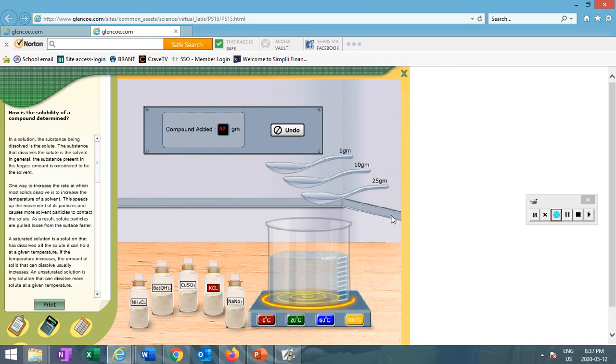So 57 grams for KCl at 100 degrees Celsius.